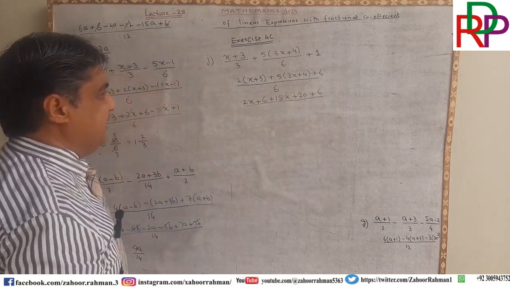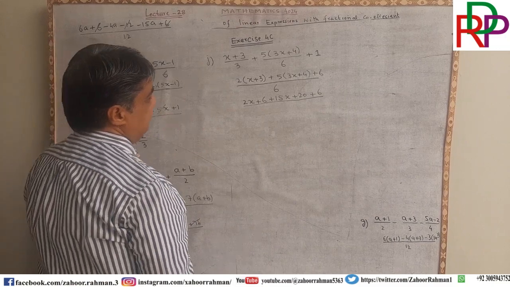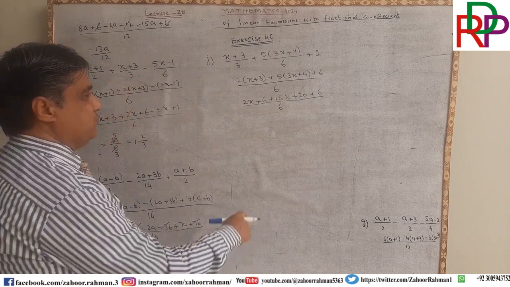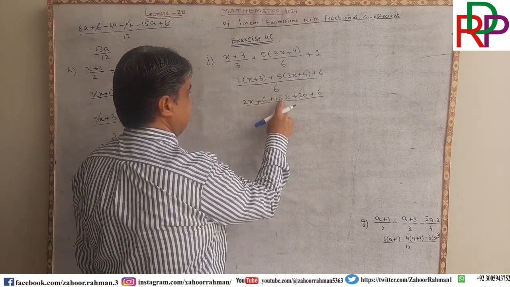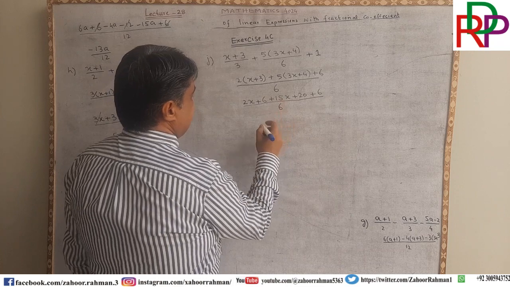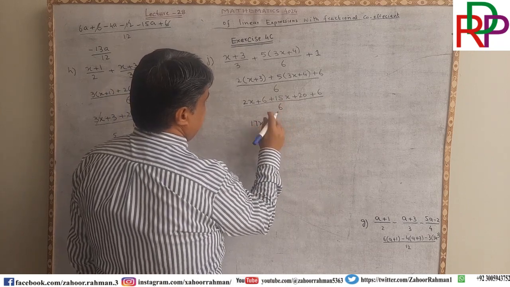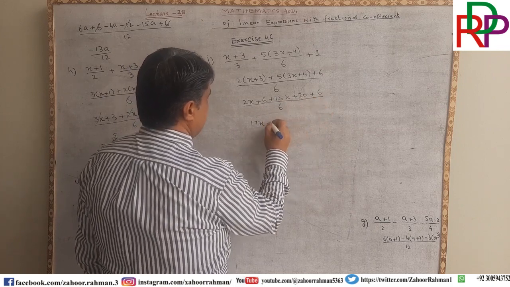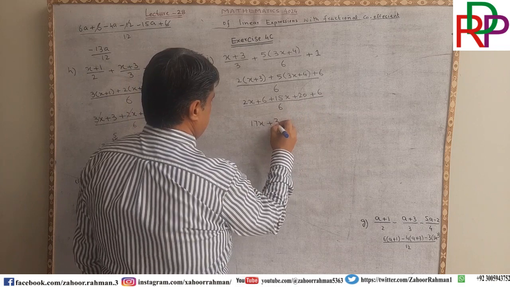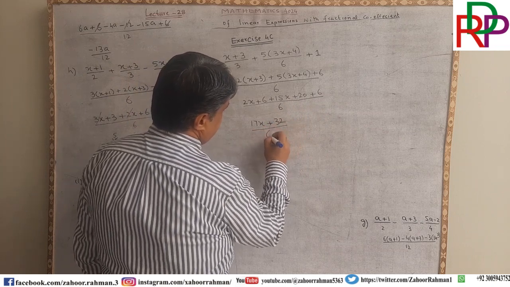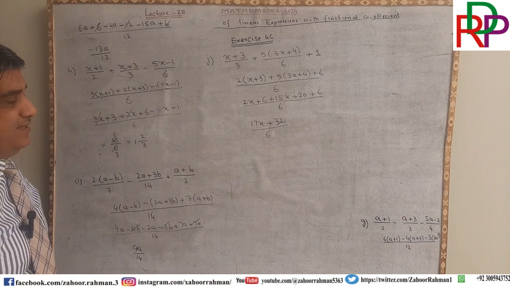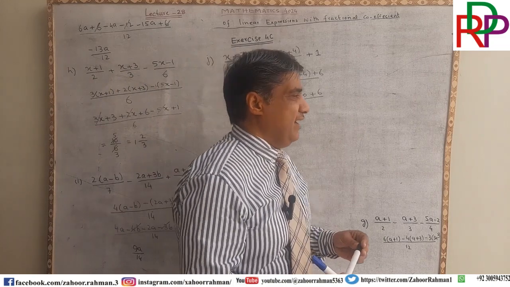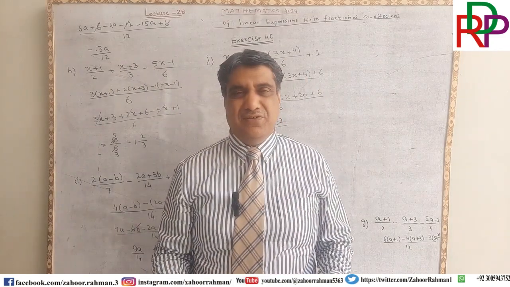Then we will divide it by 6. 2x plus 15x will give you 17x, and 6 plus 20 plus 6 will give you 32. Divided by 6, and that is the answer. With this, we came to the end of the intermediate level questions.